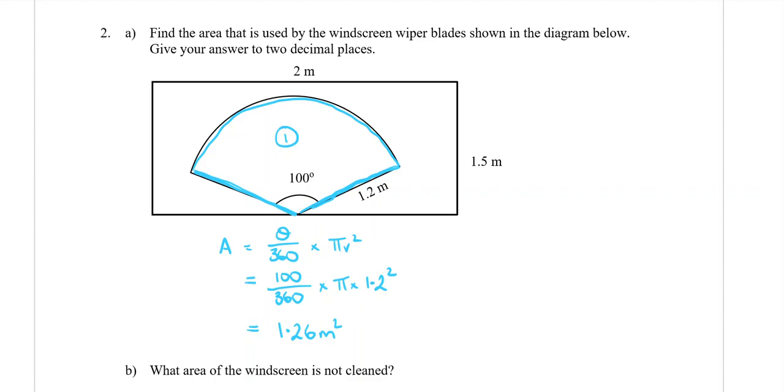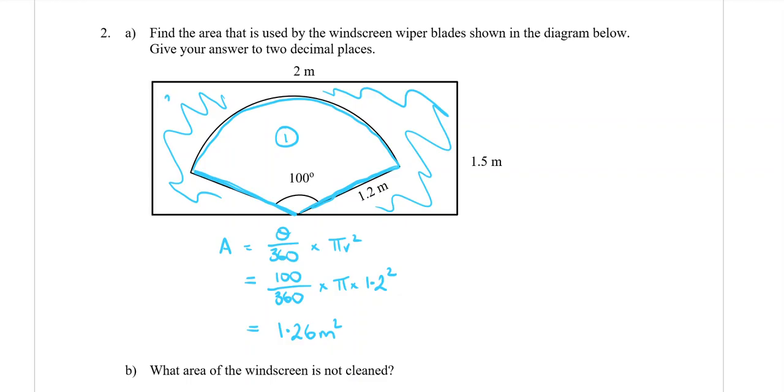Part B says, what area of the windscreen is not cleaned? So the windscreen wiper is cleaning this shape 1 here, but all this stuff outside, this is not getting cleaned by the windscreen wiper. So to find that area, I'm going to have to find the area of the rectangle and subtract off the area of the sector.